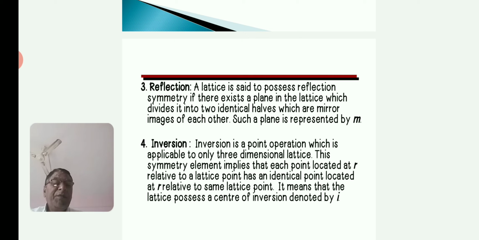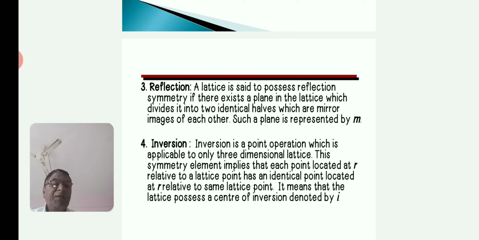Suppose B dash and C dash are the image points, which must be identical to B and C. Thus, the points B dash and C dash must also be lattice points and should follow lattice translation symmetry.